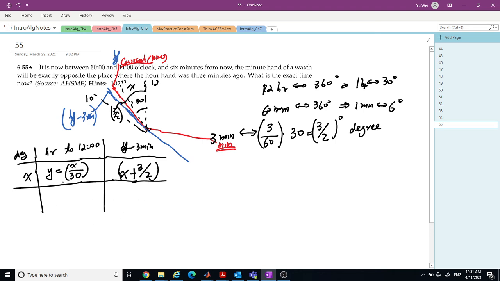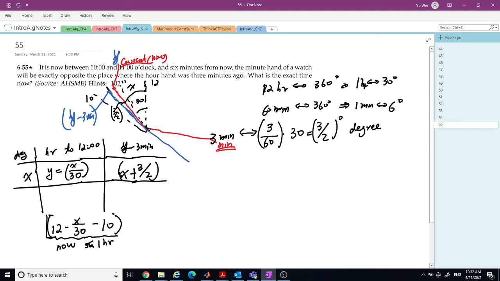Think about it: the time is 10 point something, which is 12 minus Y. This is the current time, and this time minus 10 o'clock is the sub-hour, less than 1 hour, so this is the minutes.